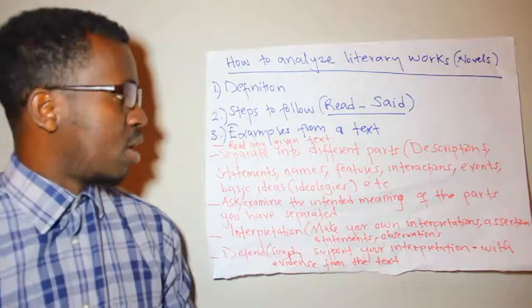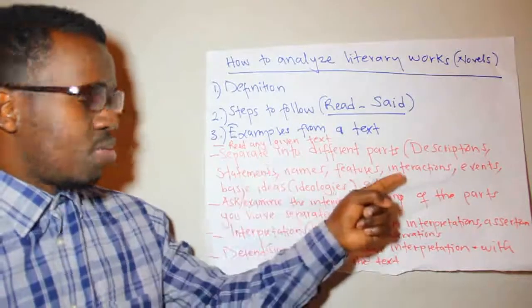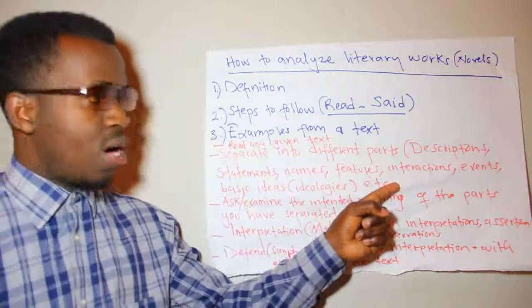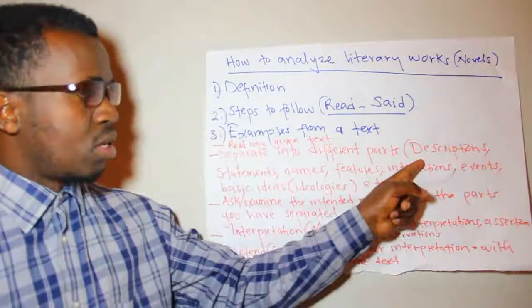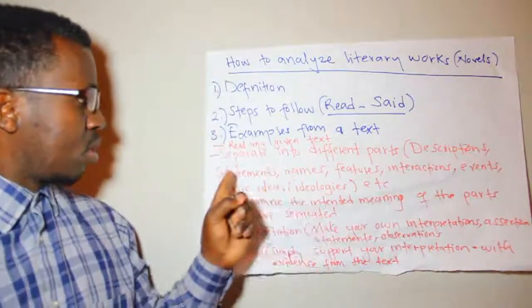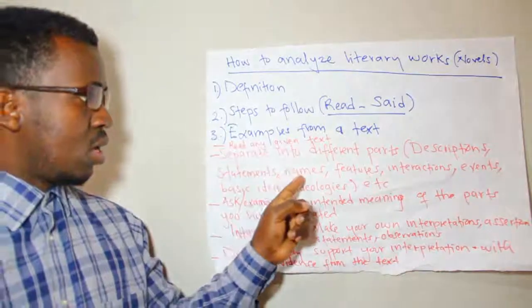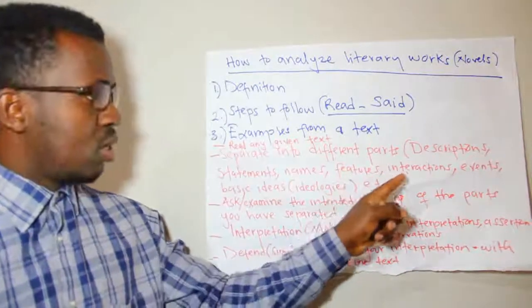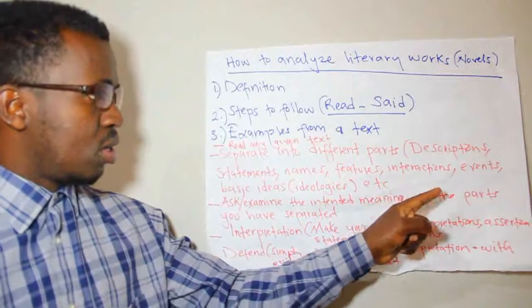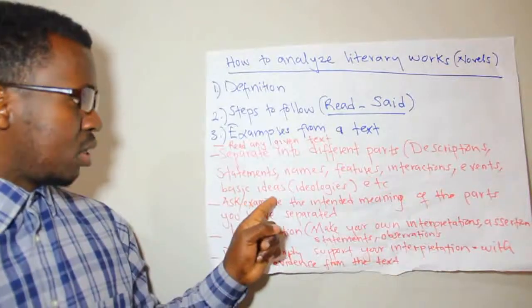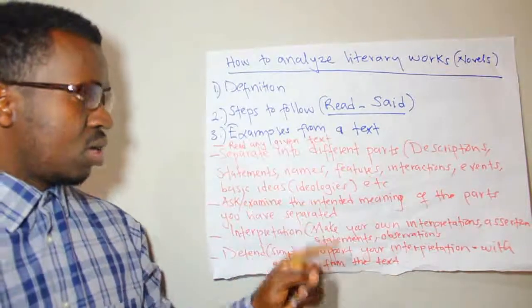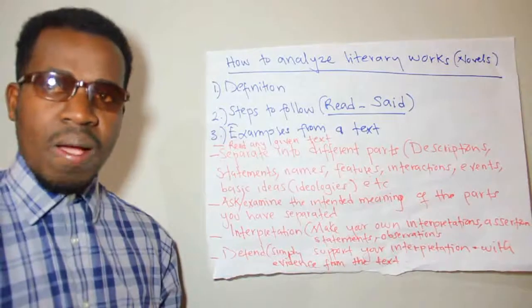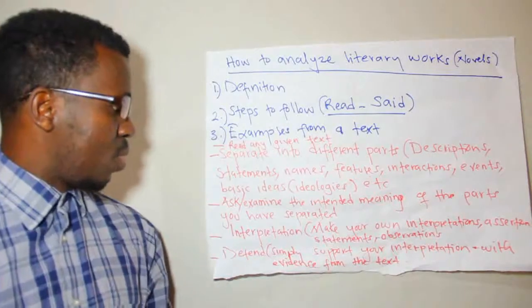For example, the different parts that we can have are descriptions, statements, names, features, interactions, events, basic ideas or ideologies, etc.